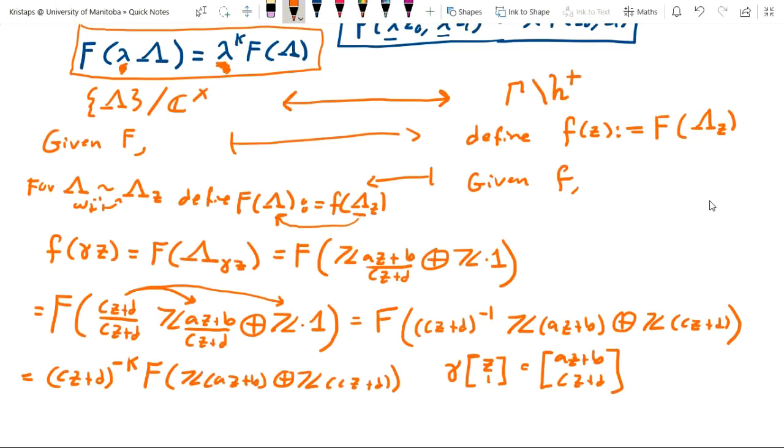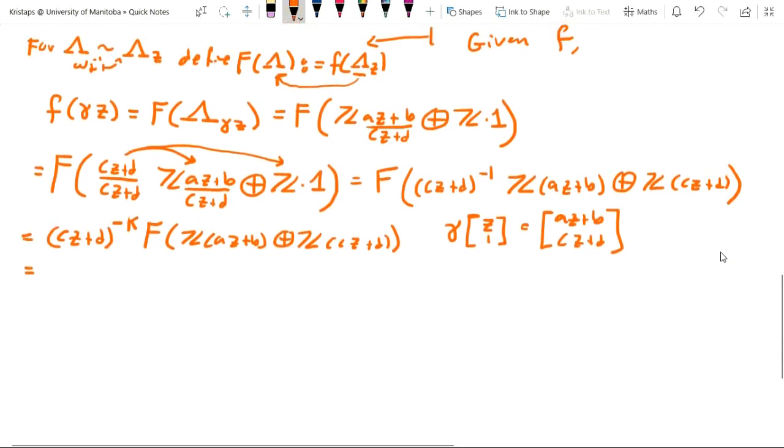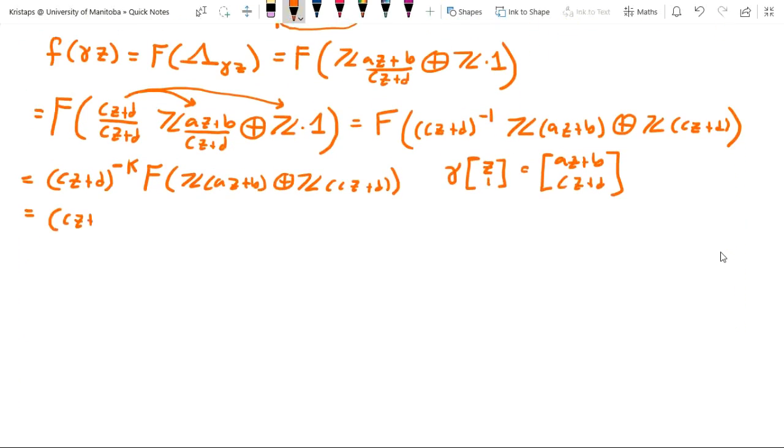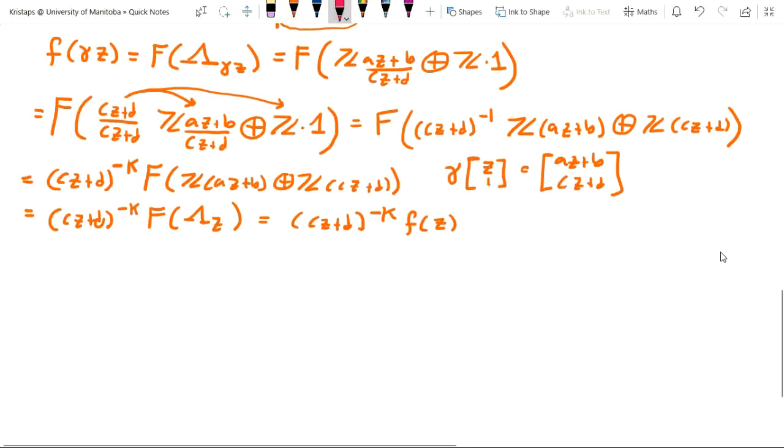So this term simply works out to being cz plus d to the minus k of F at lambda z. And finally, F at lambda sub z is just our function little f evaluated at z.